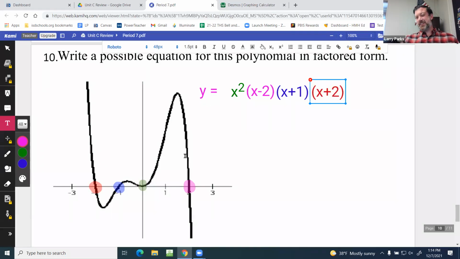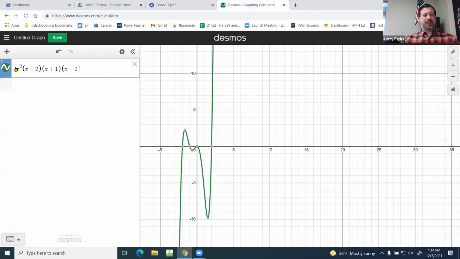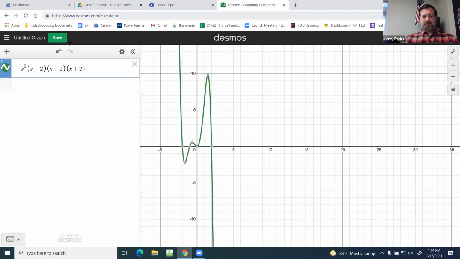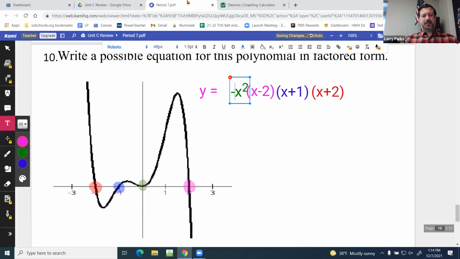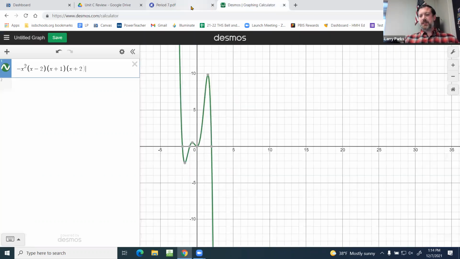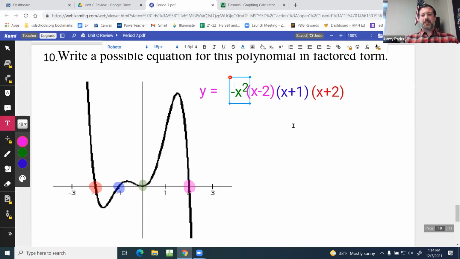We want it to go down on the right. So to flip it over, if we just put in the negative sign right there, it'll flip it over. So let's do that. Put in a negative sign, flips it over, and now it looks way more like the original picture. And so that's what I would go with.